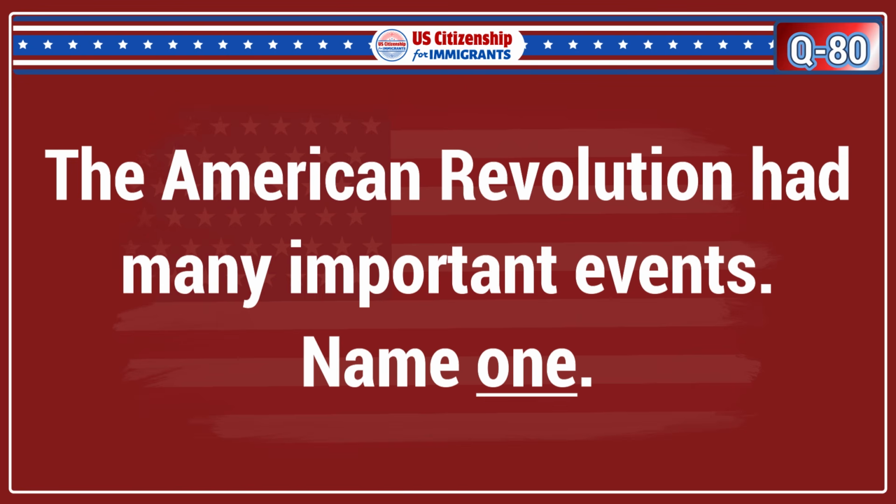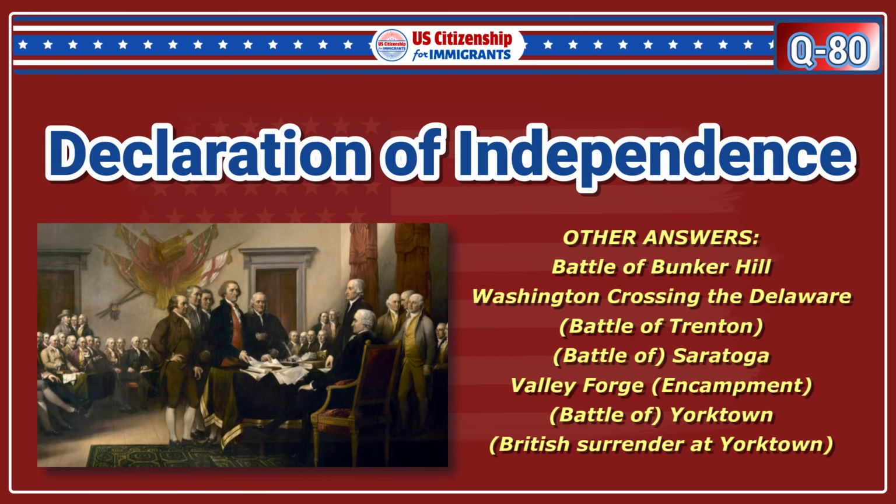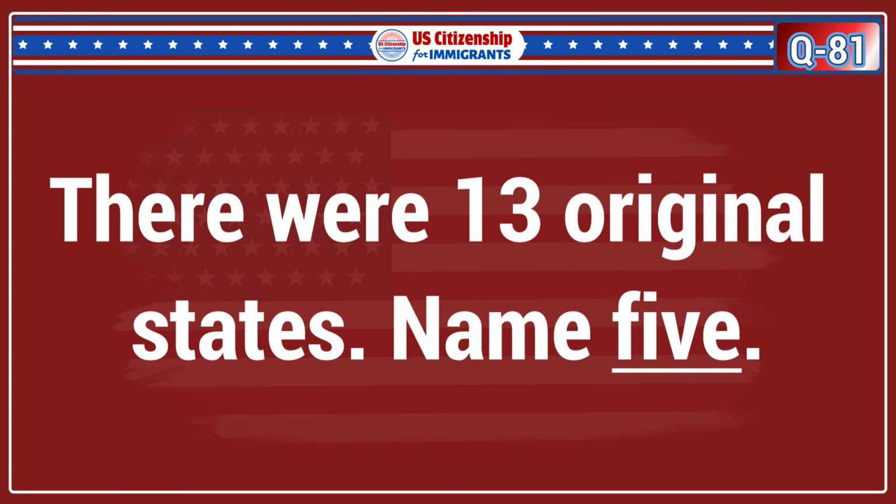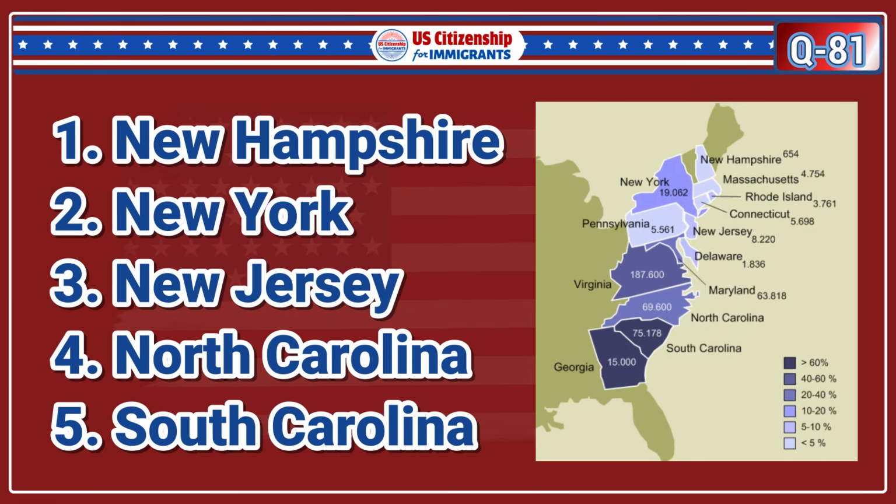The American Revolution had many important events. Name one. Declaration of Independence. 81. There were 13 original states. Name 5. New Hampshire, New York, New Jersey, North Carolina, South Carolina.